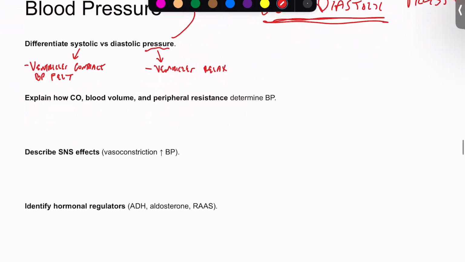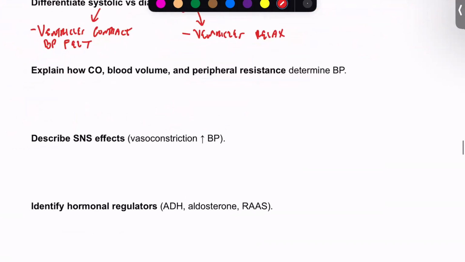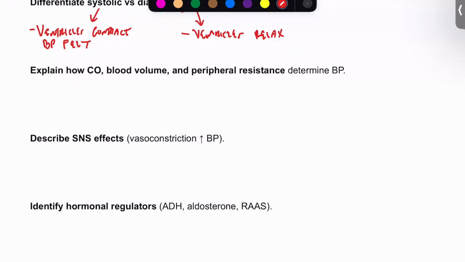So explain how cardiac output, blood volume, and peripheral resistance determine blood pressure. Our blood pressure is always going to rise when cardiac output rises, and that could be from an increase in heart rate or an increase in stroke volume.